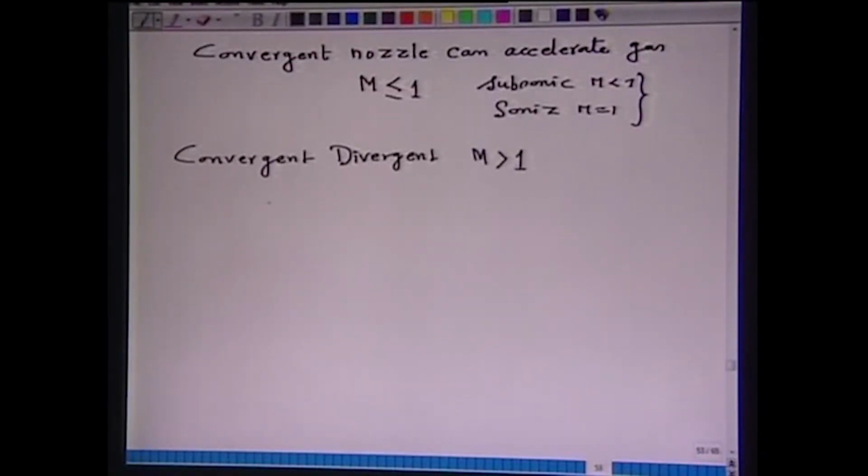So, these nozzles are called Laval nozzles as well as supersonic nozzles.